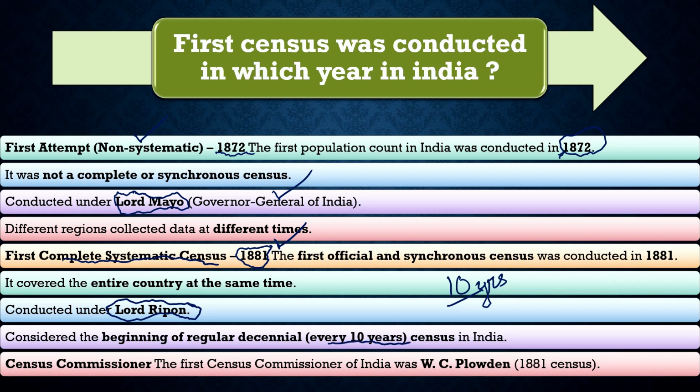It was conducted after one decade, 10 years. Census Commissioner: the first Census Commissioner of India was W.C. Plowden, okay? Very important. And the year, 1881.